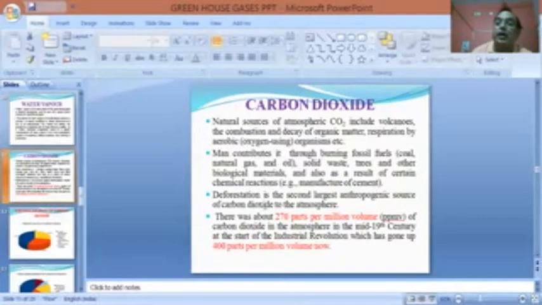So carbon dioxide is one of the main culprits, and we can gauge the extent to which carbon dioxide has gone up in the atmosphere. In the pre-industrial revolution era, it was 270 parts per million, and now it has gone up to 400 parts per million. So it has just short of doubled its concentration.